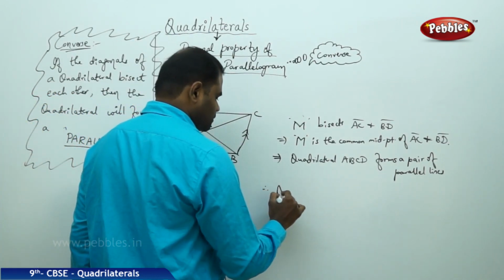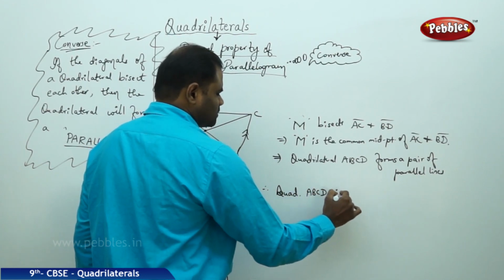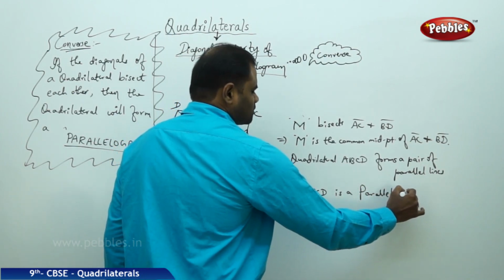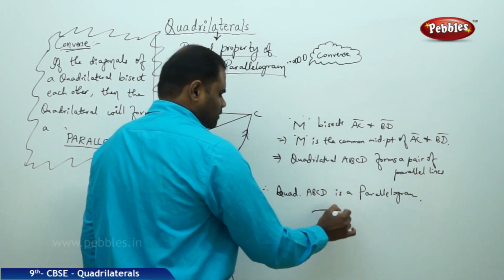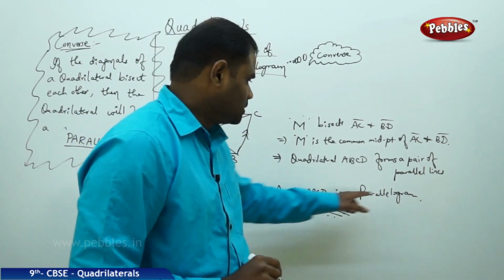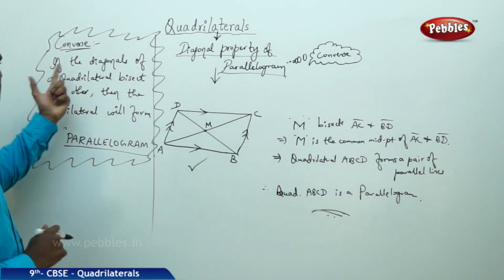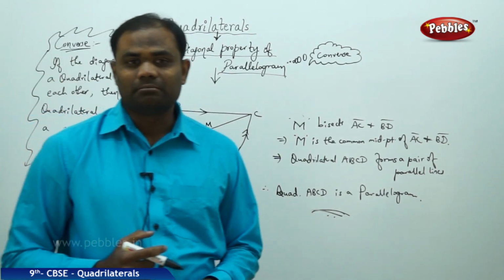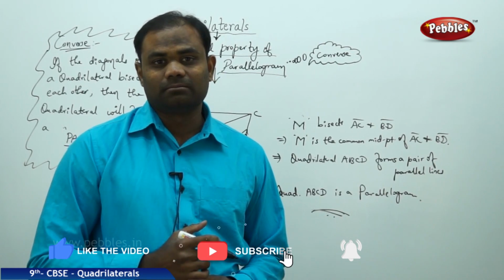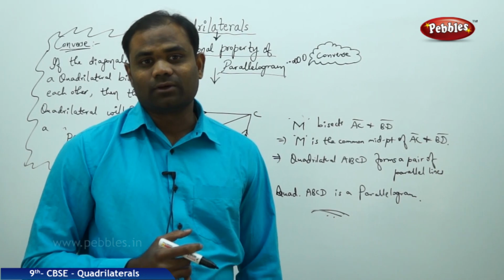Therefore, quadrilateral ABCD is now called a parallelogram. Therefore, the converse, if the diagonals of a quadrilateral bisect each other, then the quadrilateral must be a parallelogram, is how we understand the concept connecting the converse.